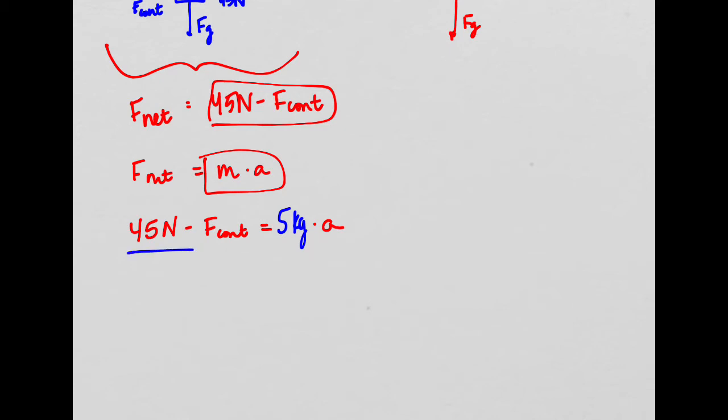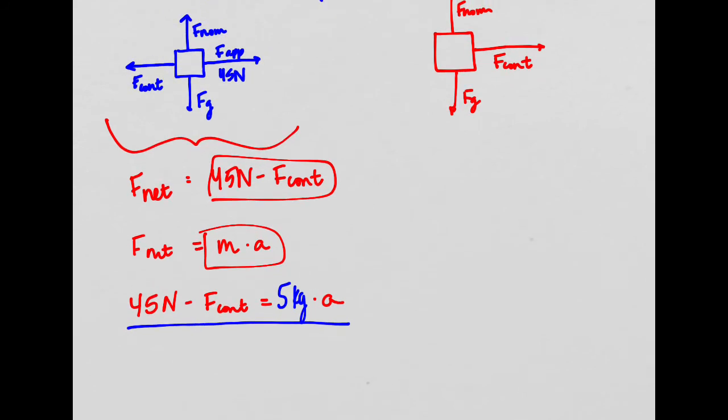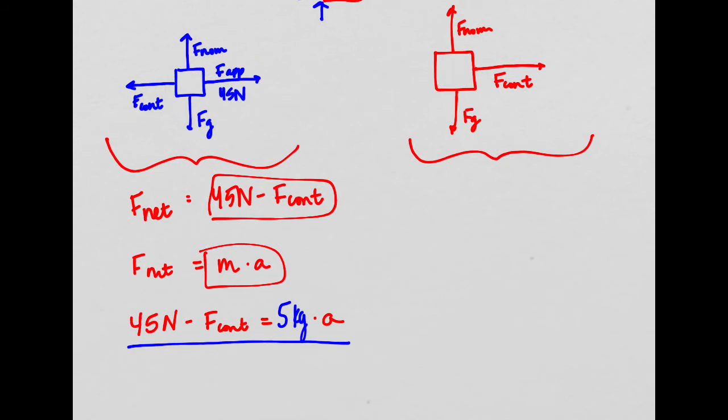So we're going to stop there for the first free body diagram. Now let's look at the information given to us for the second free body diagram. What is the net force acting on this object? We're not going to take into consideration the vertical forces because they're balanced, so there's no opposing net force this way.